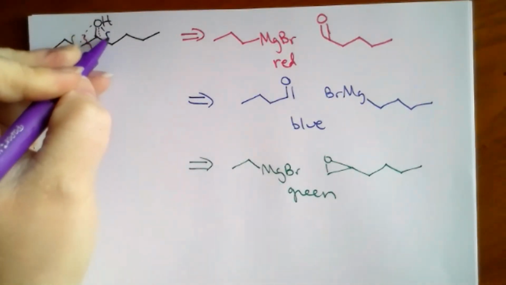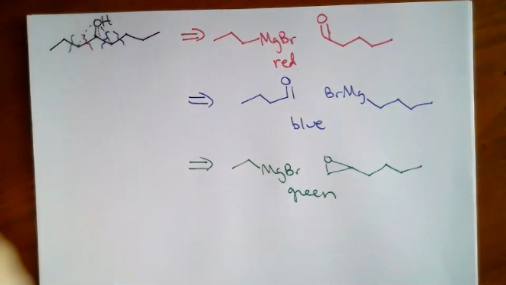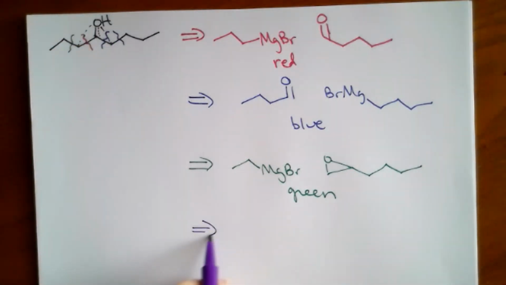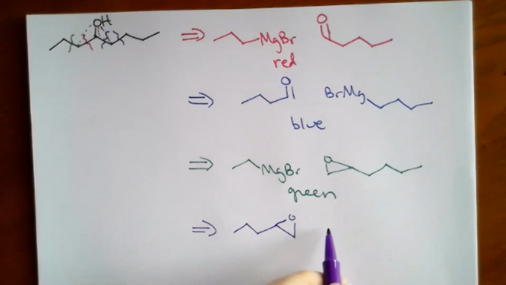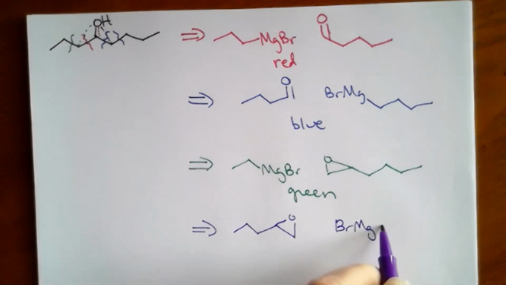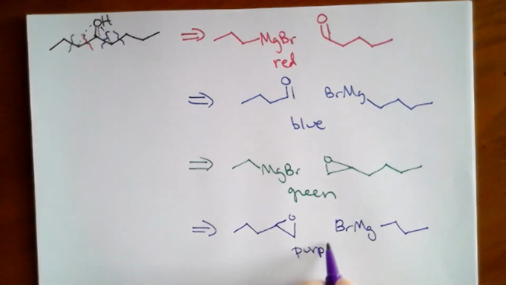I could also imagine an epoxide on the other side of the molecule. So I could use this epoxide and that Grignard that's purple, if you can't tell.